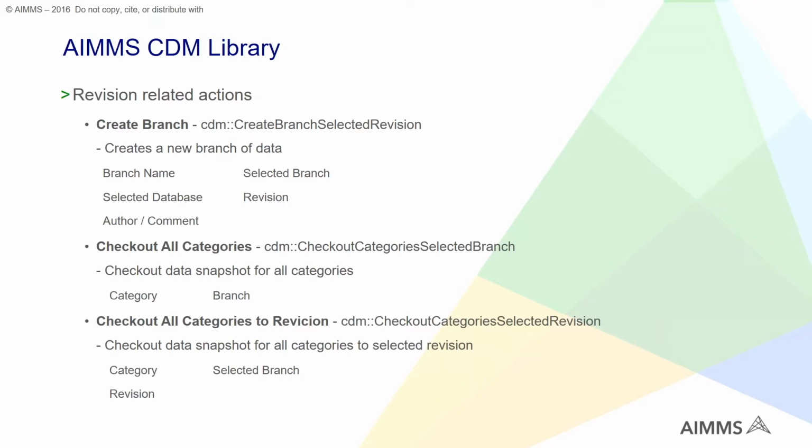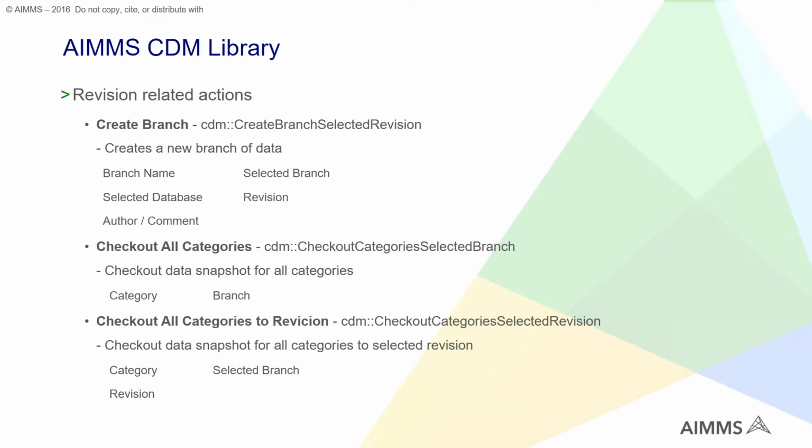When working with the data revisions in the CDM library, we also have multiple actions we can pull from the data repository, as well as work with it directly. So the first is that, as mentioned before, we can create branches.